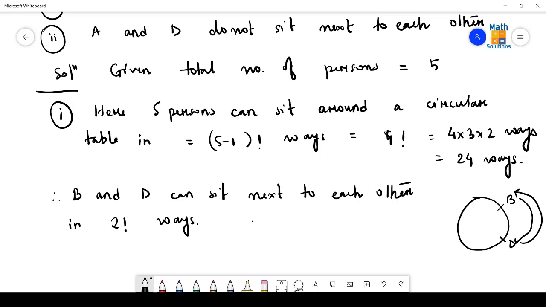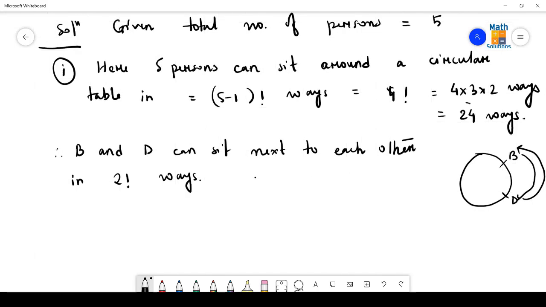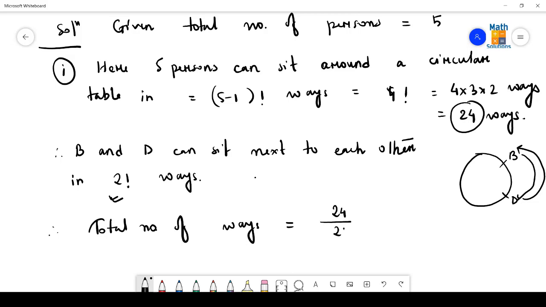So for finding the total number of possible ways in which B and D can sit next to each other, the total arrangements should be divided by this specific arrangement. Therefore, total number of possible ways will be equal to 24 divided by 2 factorial. This will be 24 divided by 2 into 1. So the result will be 12. So the answer is 12 ways here.